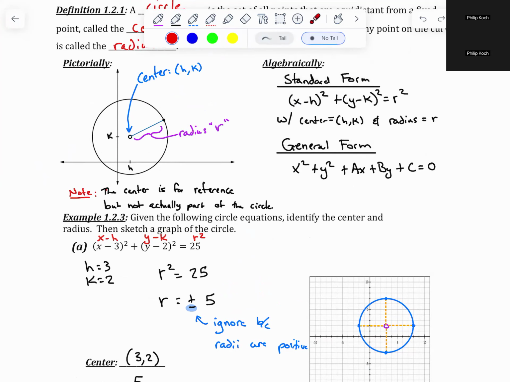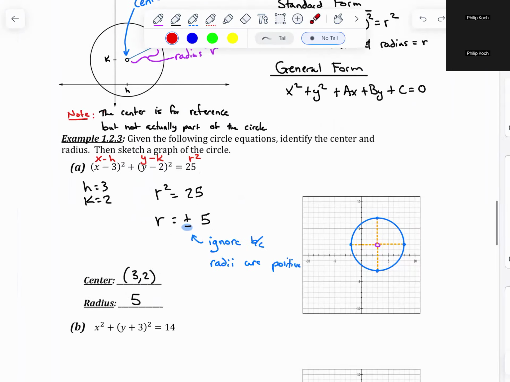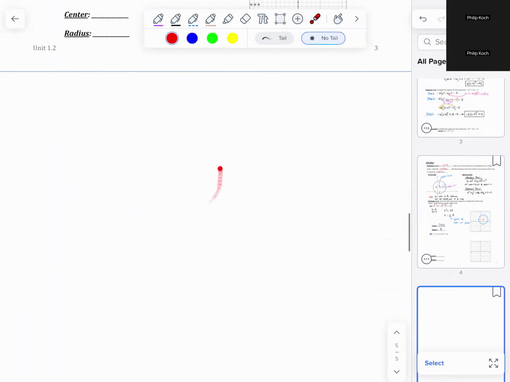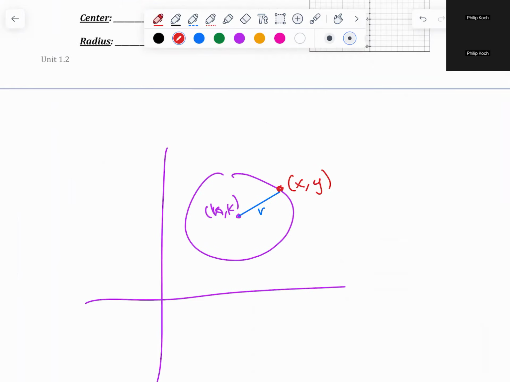So let me make a new little side note so you can see it in action. You've got this circle centered right here at h comma k. And we want all the points so that this r is fixed at any given point x comma y. So that's an arbitrary point that has to have its radius be fixed.